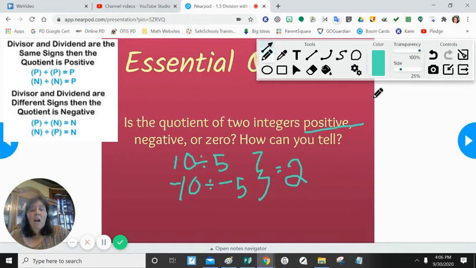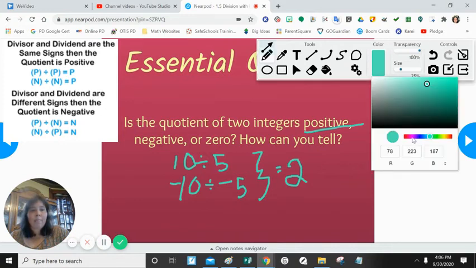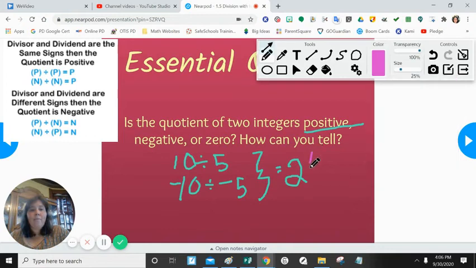Now, if I have two signs that are different, let's change my color again. If I have two signs that are different, so negative 10 divided by a positive 5, or a positive 10 divided by a negative 5, then my answer will be negative.